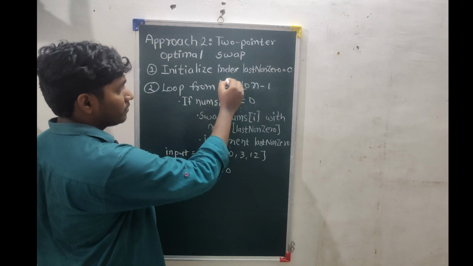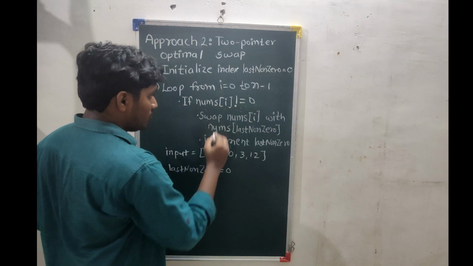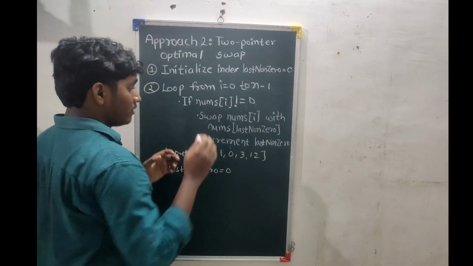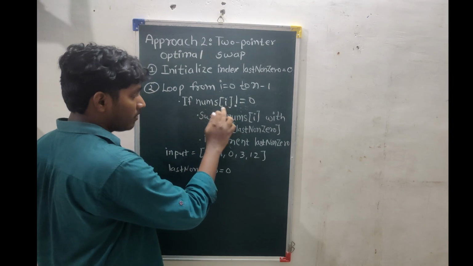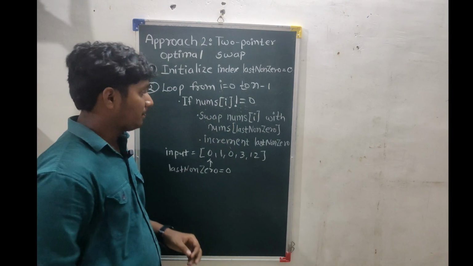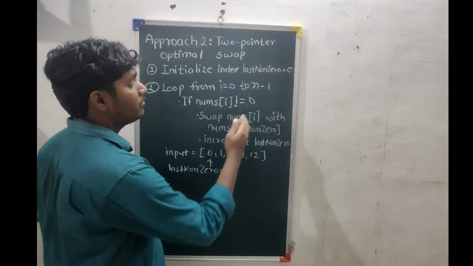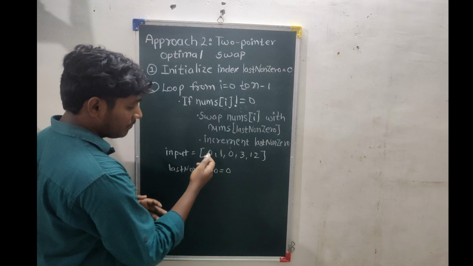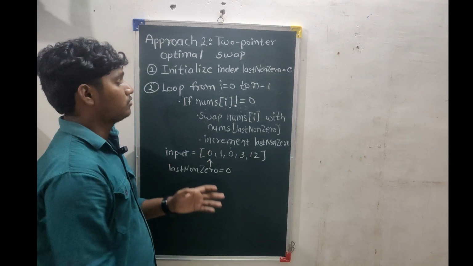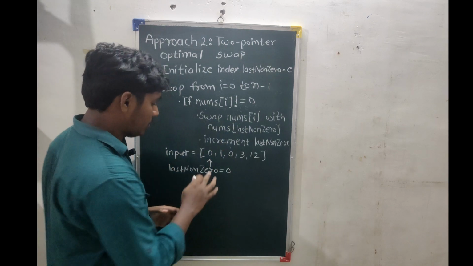So first i is equal to 0 here. We check whether nums of i is not equal to 0. If it is not equal to 0, that means a non-zero element, then we swap. And here in the first step it is equal to 0, so we are not going to swap it.